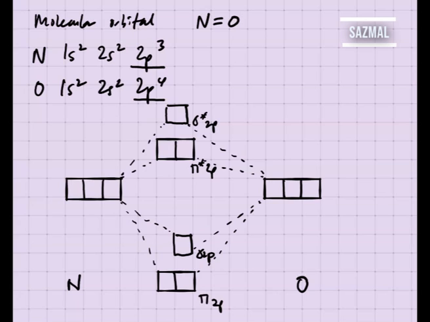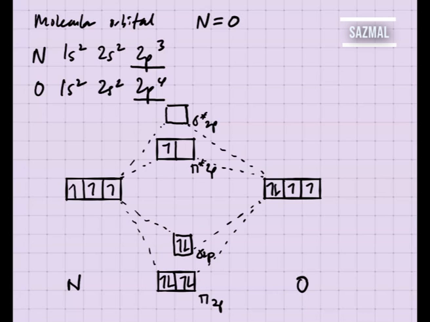So nitrogen has 3 valence electrons in the 2p and oxygen has 4. So we've got 1, 2, 3, 4, 5, 6, 7 electrons.